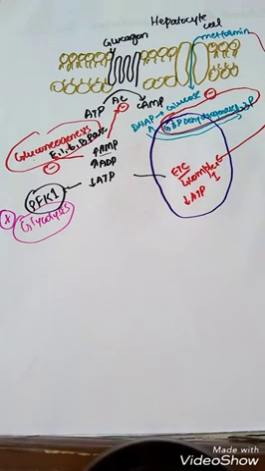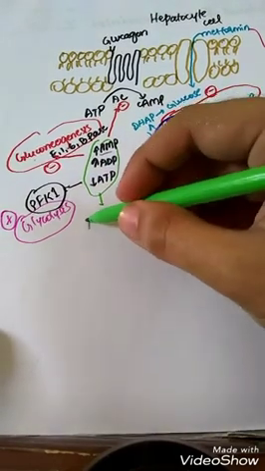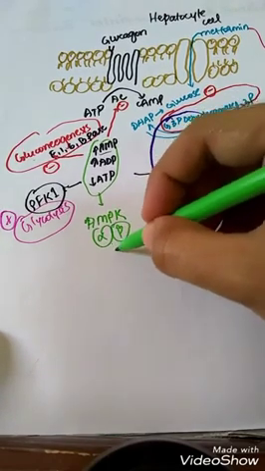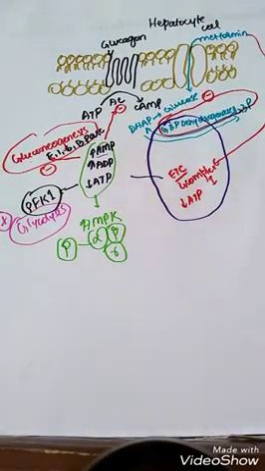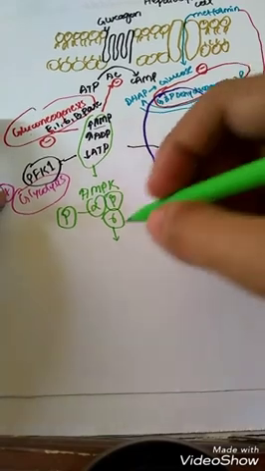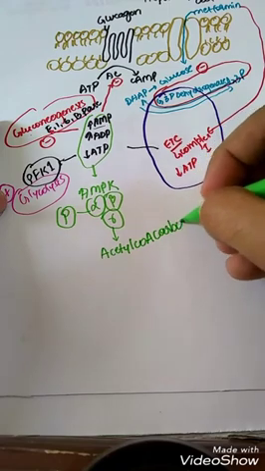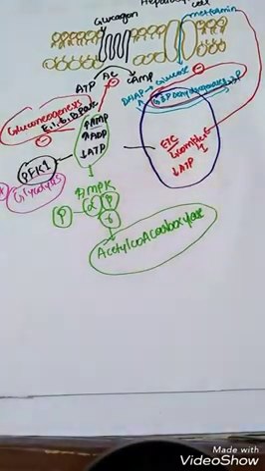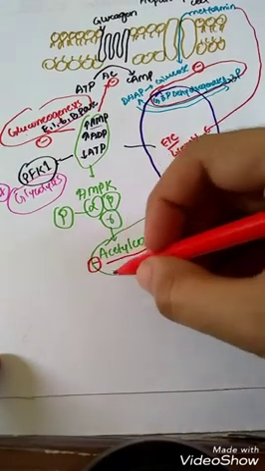Now what happened next? We see that these levels also lead to the activation of AMP kinase. AMP kinase is phosphorylating. So what happened when this is phosphorylated? It is inhibiting the enzyme acetyl CoA carboxylase. So this enzyme is no more functioning.